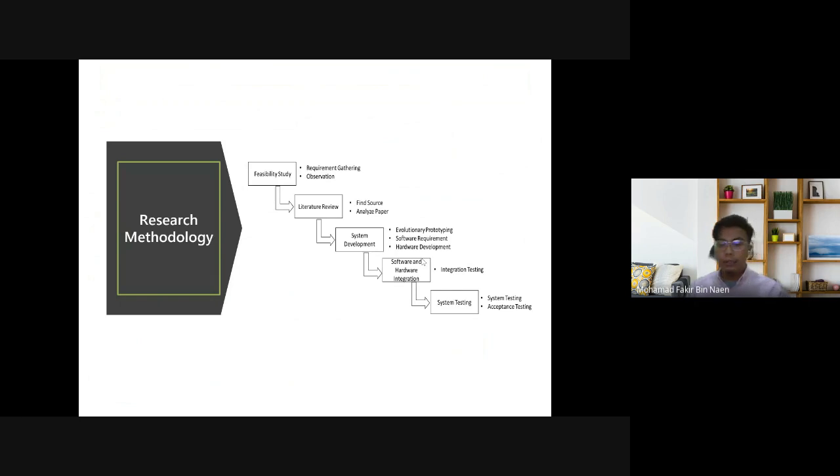In the literature review, information about the related study was gathered. In the development study, researchers used evolutionary prototyping for the software development life cycle or SDLC for the system. The researcher integrated the software developed with the fingerprint sensor hardware. And lastly, the system was tested.